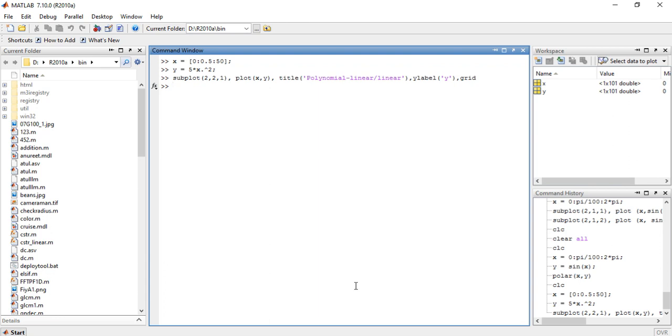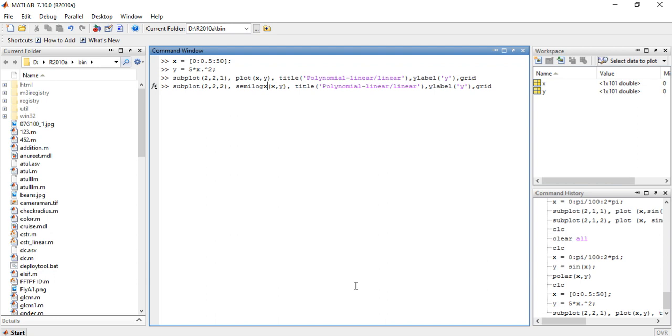After that we are going to plot the semi-log x graph. I just make changes in the previously written statement. It is our 2, 2, second plot. I have just changed the name here as semilog x.